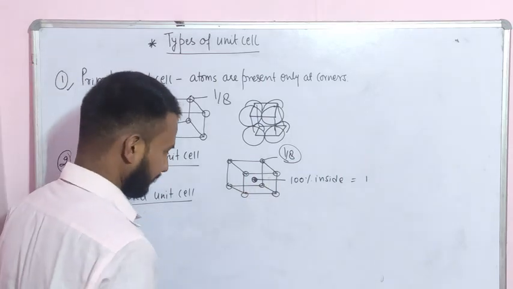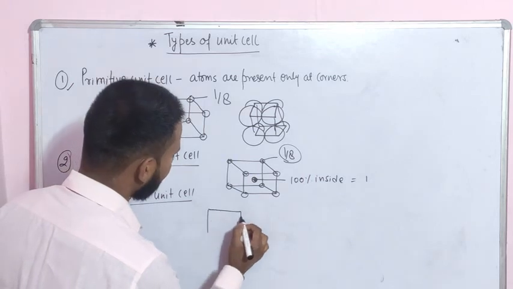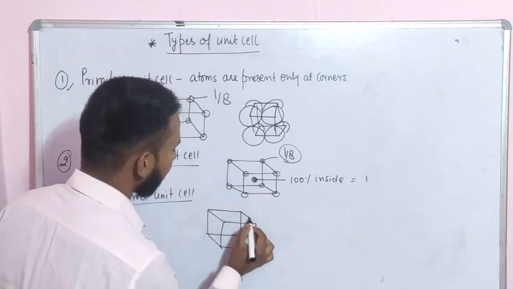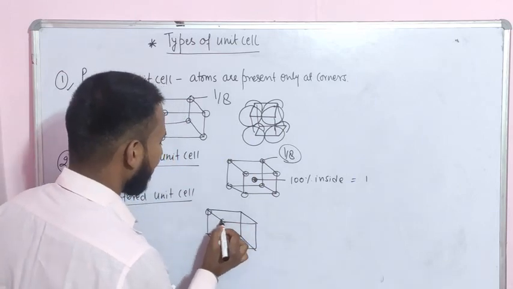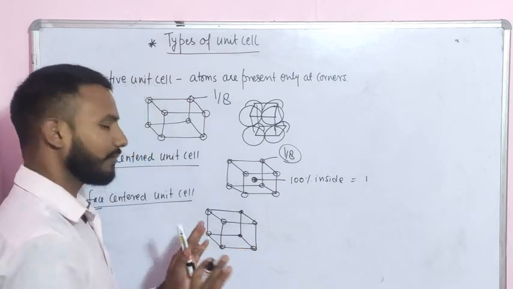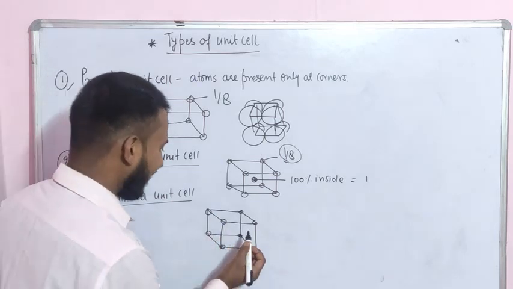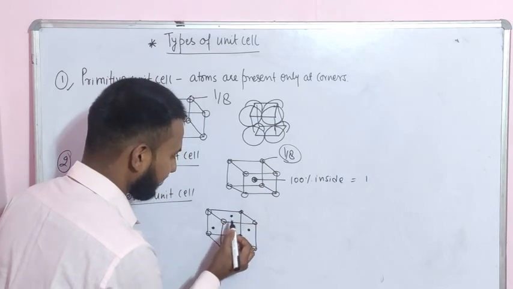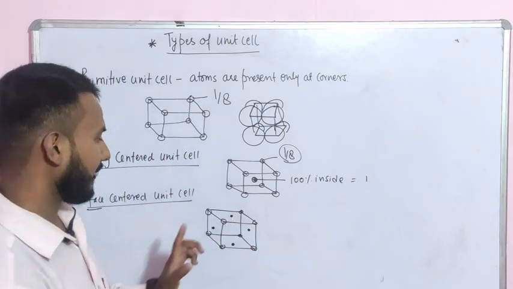For example, again I am going to draw it. This is a simple cubic structure. In that case, 8 atoms are present at corners, and in a cube there are 6 faces. So this is the first face, second face. At the center of the faces there are 4 faces.